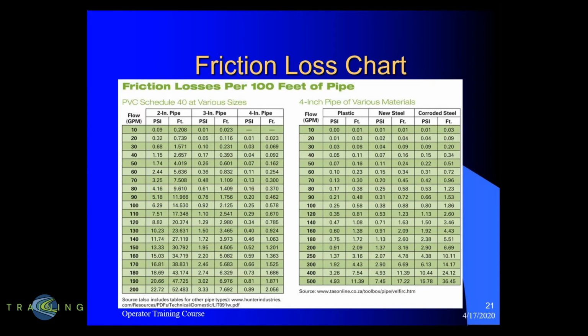But if you look over at the 4-inch pipe and at the same 100 gallons a minute, you only lose about 0.58 feet of head per 100 feet of pipe. So it may be worth your effort if you have a long pipe run to do 4-inch pipe instead of 2-inch pipe, because you're losing a lot less dynamic head and you can size your pumps much smaller.